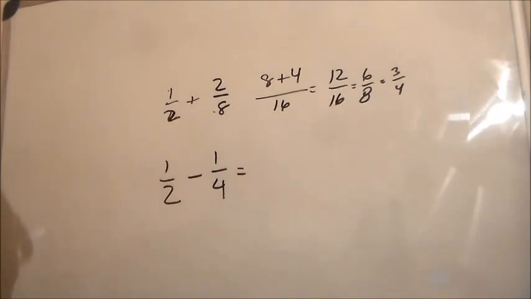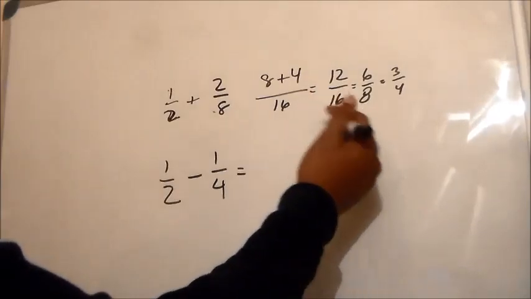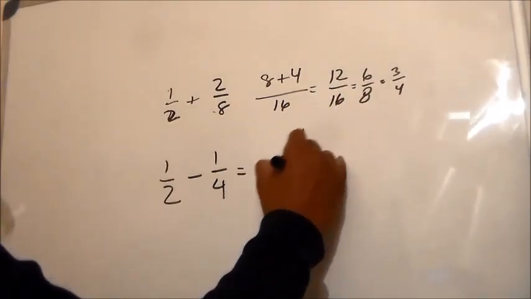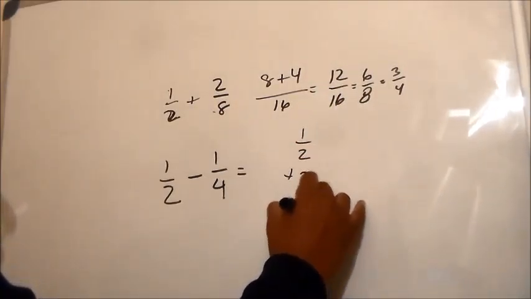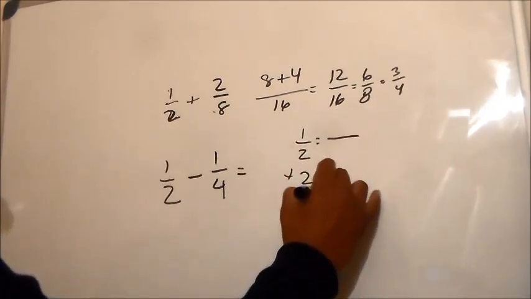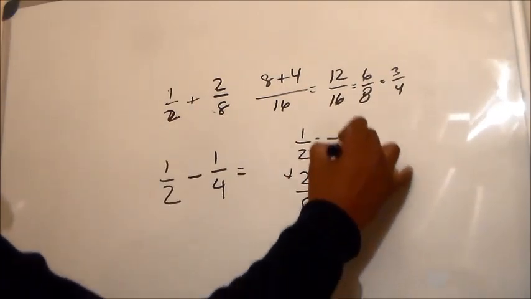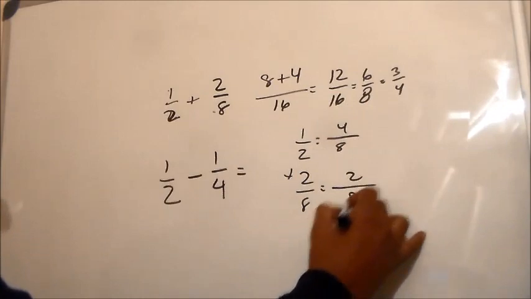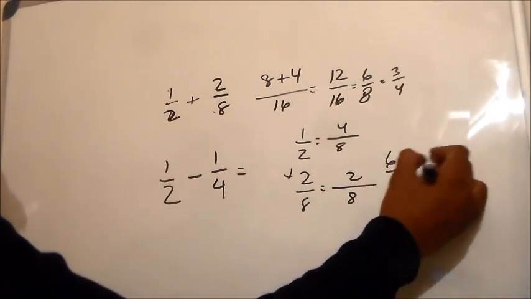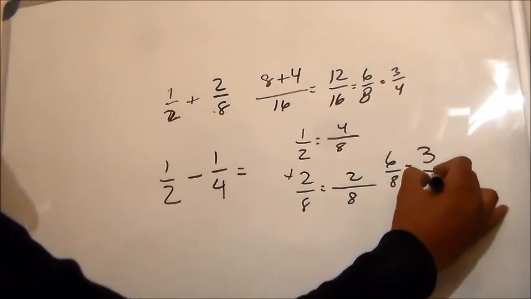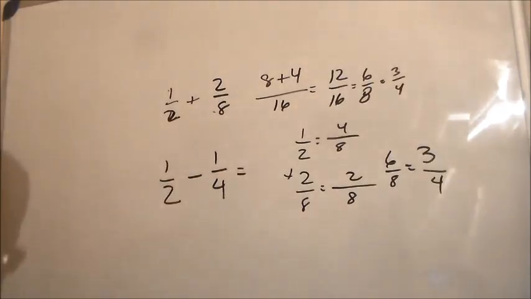And I think I stopped at 6/8 when I did it the old way. Yeah, I did. 2/8, 4/8, 6/8. This became 6/8. It should have been reduced to 3/4. So you have to watch that.